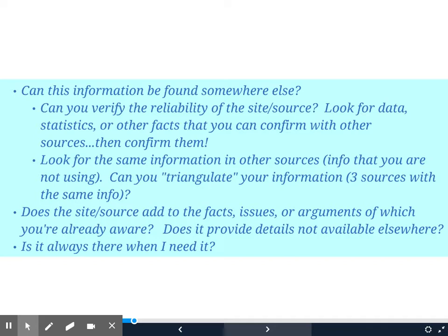And then they will just disappear after the election. So you want to make sure that your website is permanent, that it has information that can be found elsewhere, that they can verify the information they're giving you. You can use all kinds of fact checking websites also to check this.